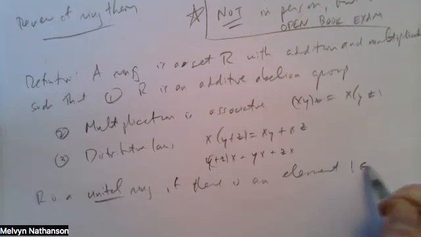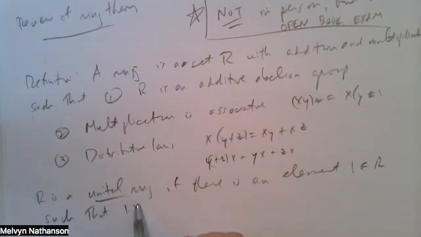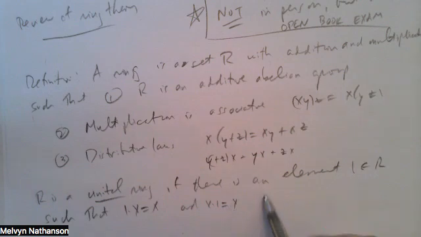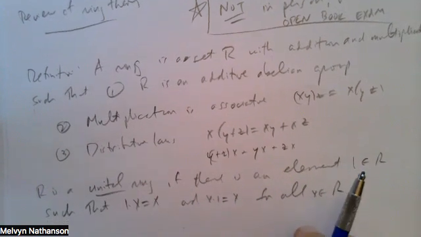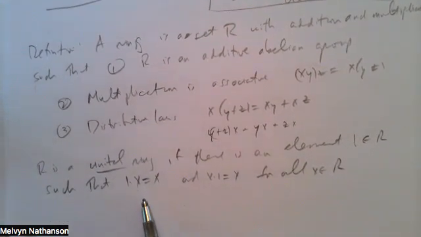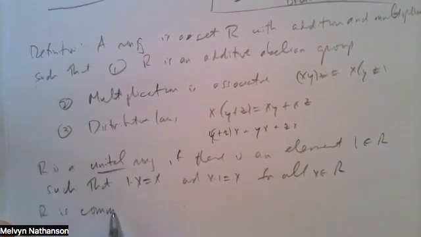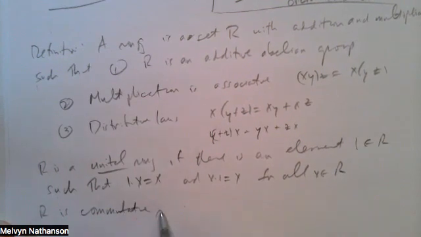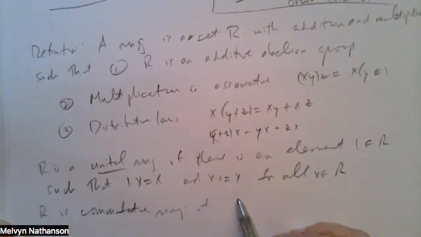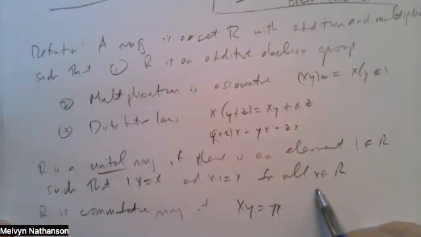If there's an element 1 in R such that 1 times x equals x, and x times 1 equals x for all x in the ring. Not every ring has to have a multiplicative unit, but a ring that does is called unital. And R is a commutative ring if xy equals yx for all x and y in the ring.